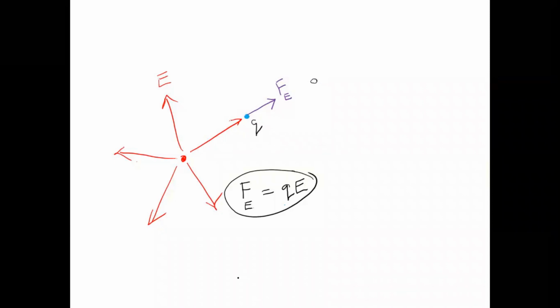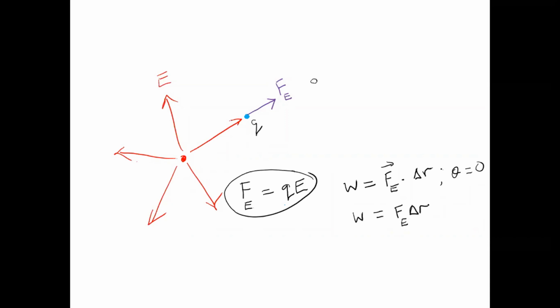The work will just be given as the dot product of this force and the displacement. The displacement is basically the distance from here up to here. Okay. Now, since the angle here is equal to 0, I can just say that this work is just this times that. Okay.